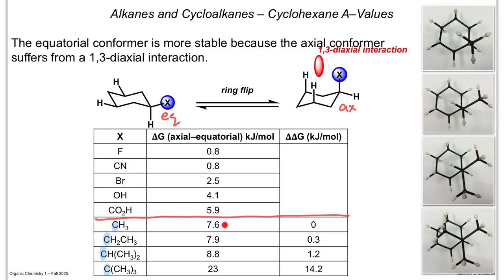You'll notice that for methyl and ethyl, they're kind of the same. Isopropyl bumps up a bit, but then tert-butyl is really big. This last column here, delta G, you're just taking this number and subtracting it from the 7.6. So why is that tert-butyl so high?